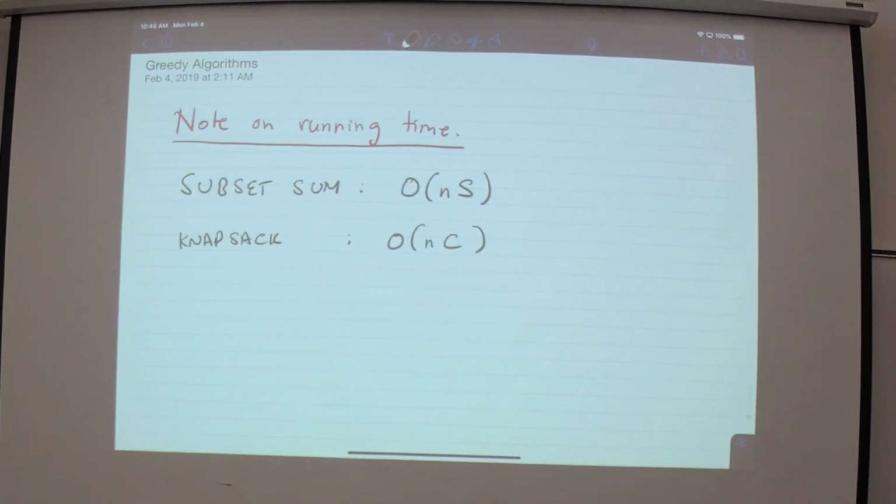We just said there are n numbers, n blobs. We didn't count the size of a blob, so it's n times the size of a blob, which we pretended not to pay attention to. But these things matter. In particular, this is not a polynomial running time in the size of the input. Let's think about why that is.